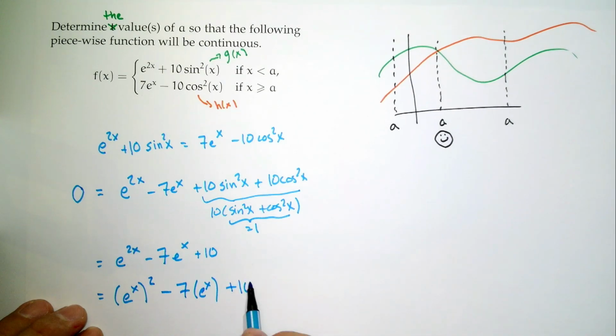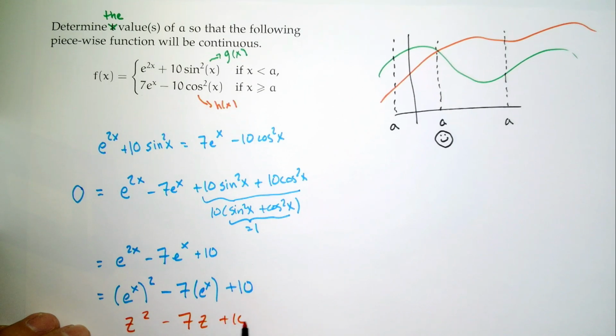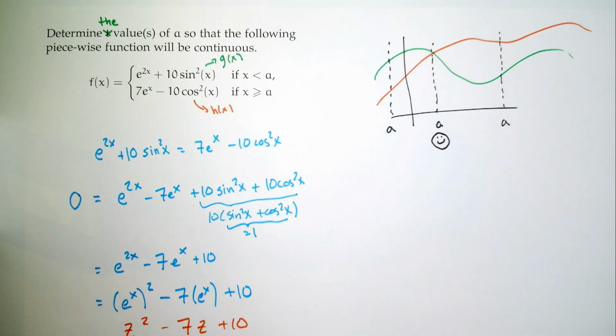And the reason I point this out is if we think about our fundamental thing as being e to the x, temporarily, we can imagine in our mind something squared, let's say z squared minus 7 times that something plus 10. We say, oh, wait, that's like we have a quadratic.